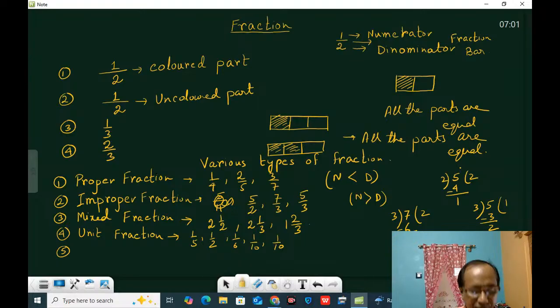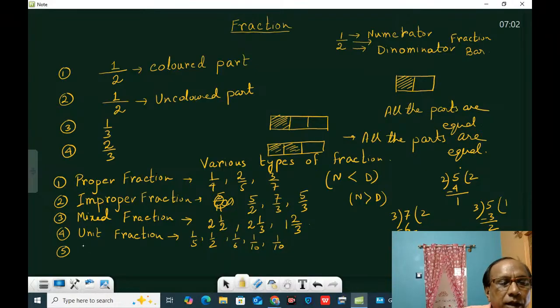The first ones were proper fractions and improper fractions. Now we learn about other fractions, that is, like fractions and unlike fractions.